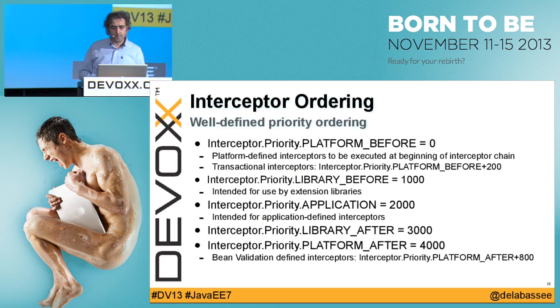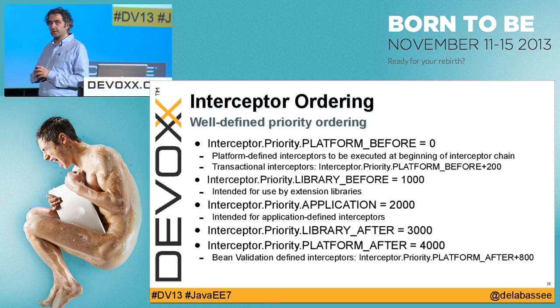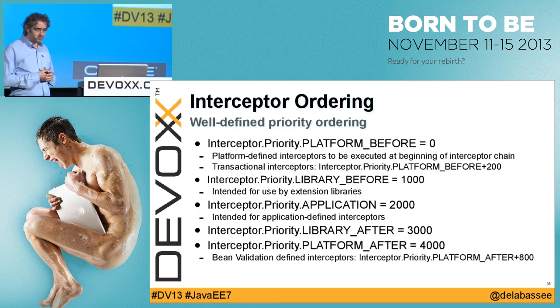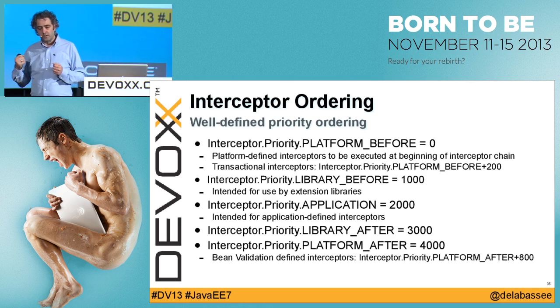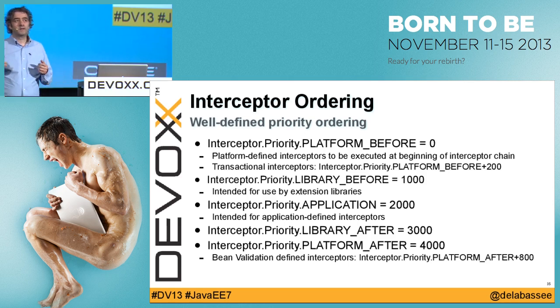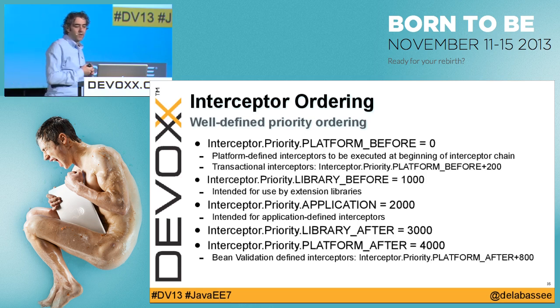There is a new annotation regarding interceptors, that's the @Priority annotation for interceptors. It allows you to define the ordering in which the interceptors will be invoked. So you use the interceptor binding to specify which interceptor you want, and you also add the @Priority annotation to attach its priority.